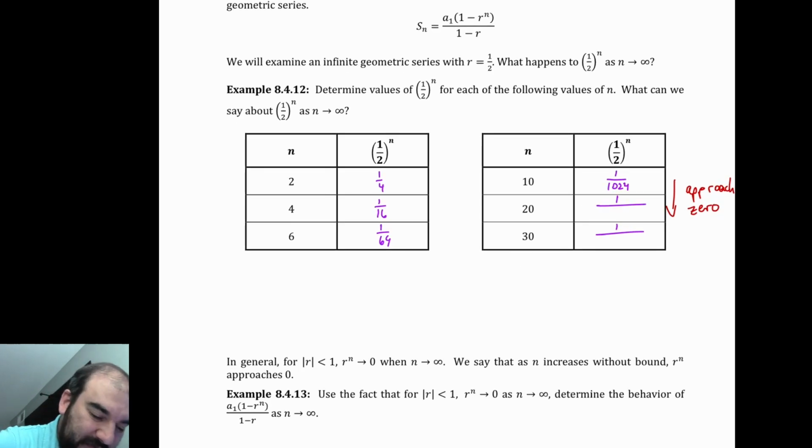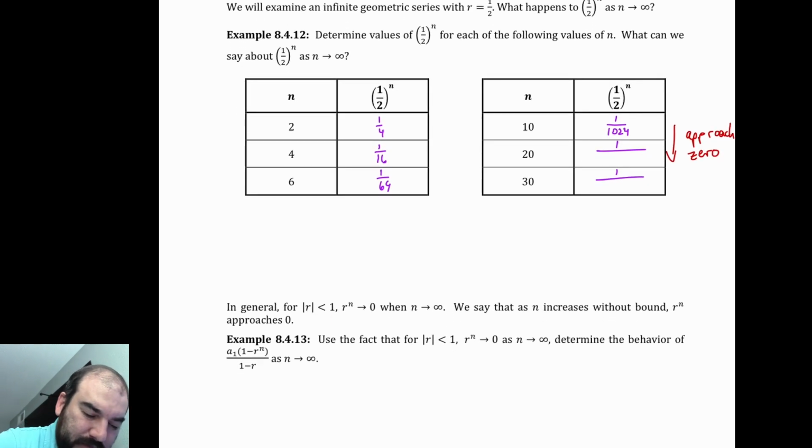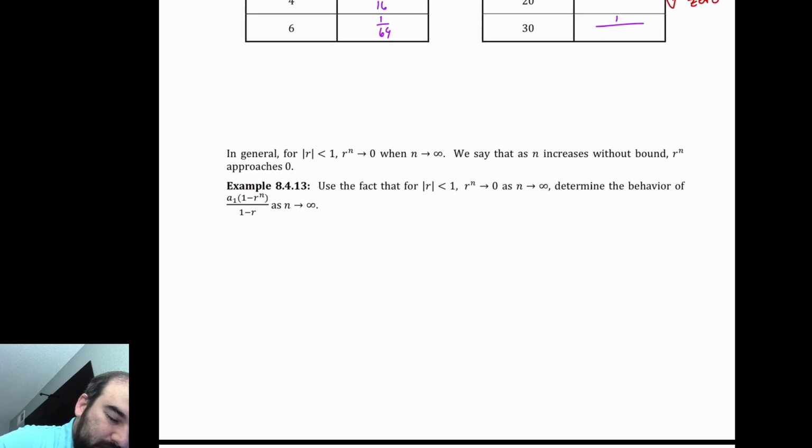All right, so if that r to the n value is going to 0, then what happens to this formula is, as n goes to infinity, r to the n power will go to 0.